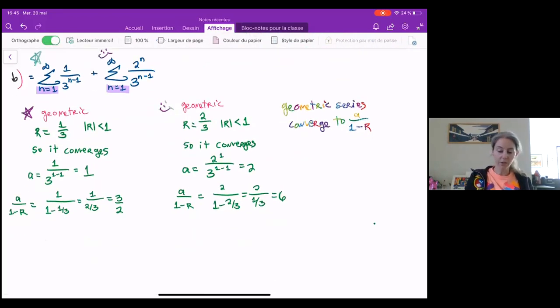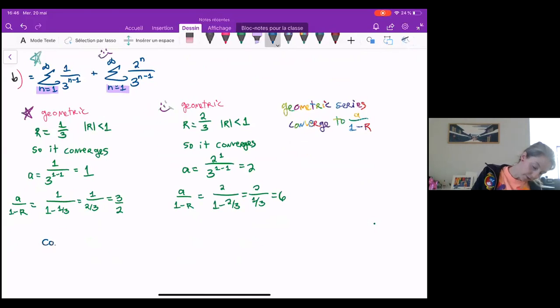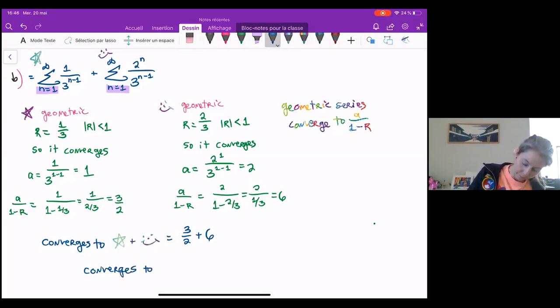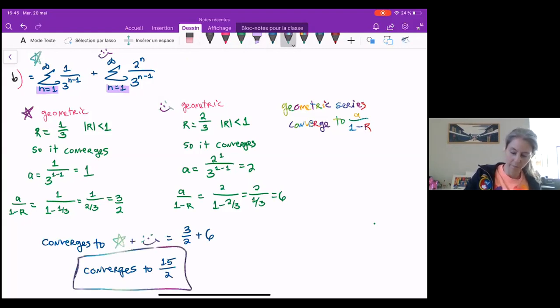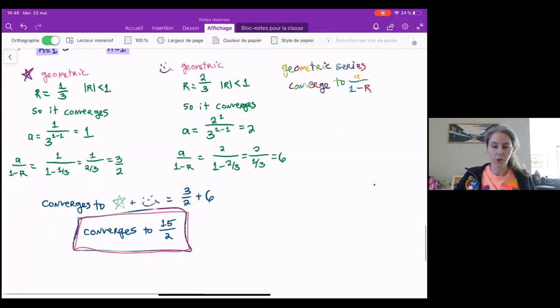So my final answer is that this converges to star plus smiley face, which is equal to 3 over 2 plus 6. So this converges to 15 over 2. And here we could find the sum because it was geometric.